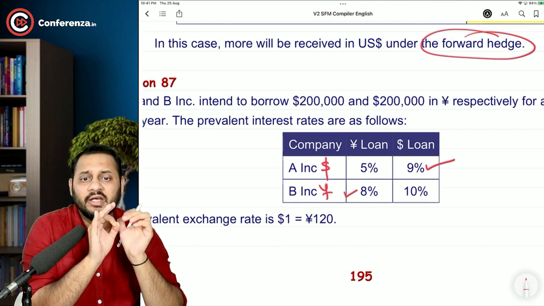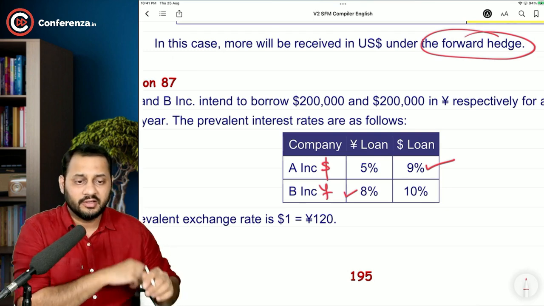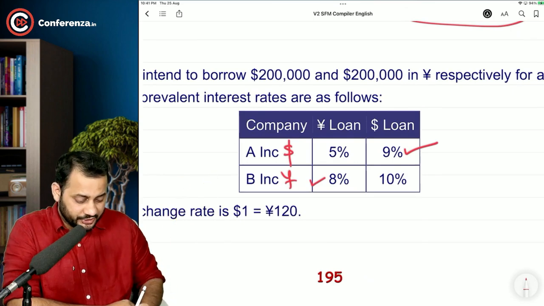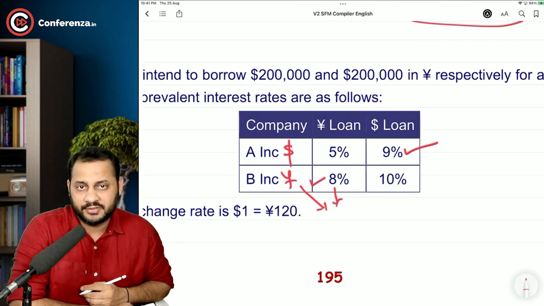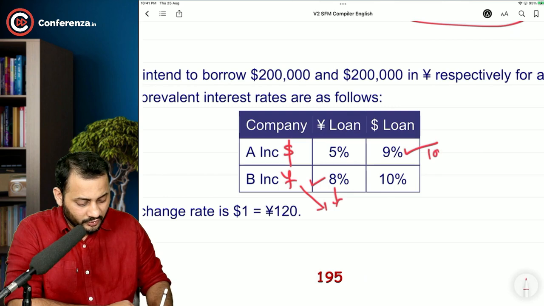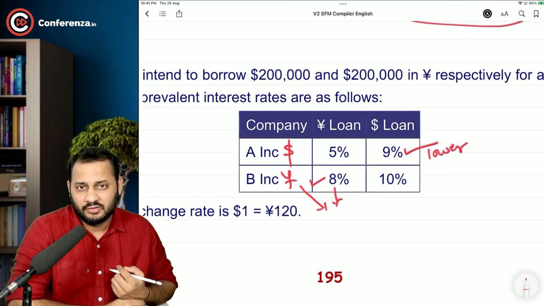They will only enter into a swap agreement if B Incorporation's cost of yen loan is lower than 8% and A Incorporation's cost of dollar loan is lower than 9%. Agree?